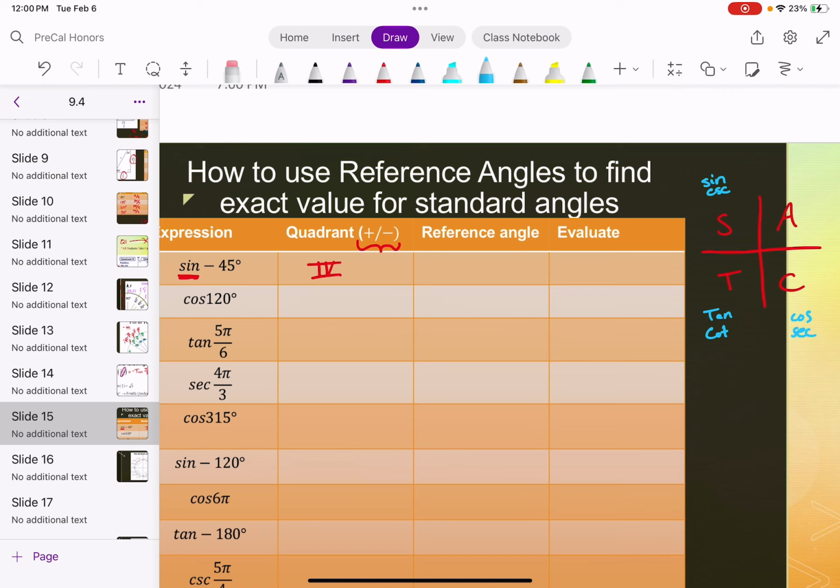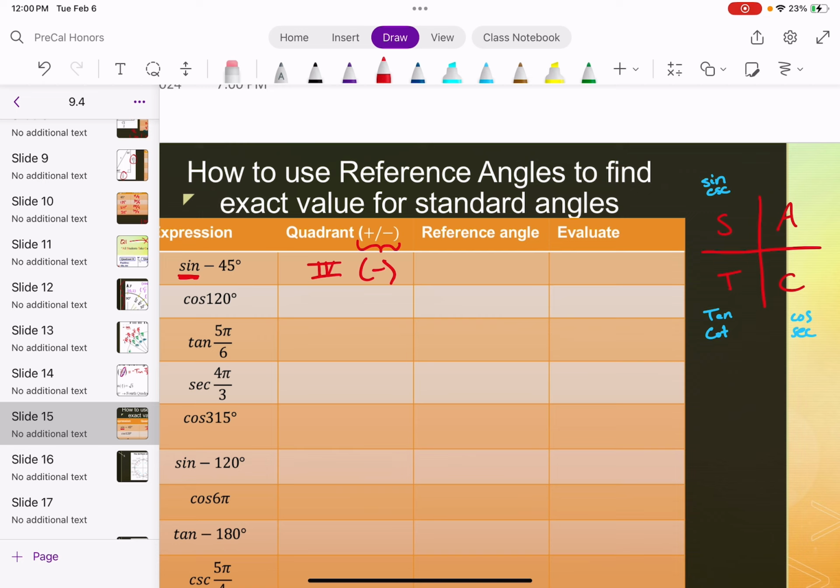Now, in this case, since we are looking at a sine, notice sine would only be positive in the second quadrant. Because we are in the fourth quadrant, this would mean that this would be negative.